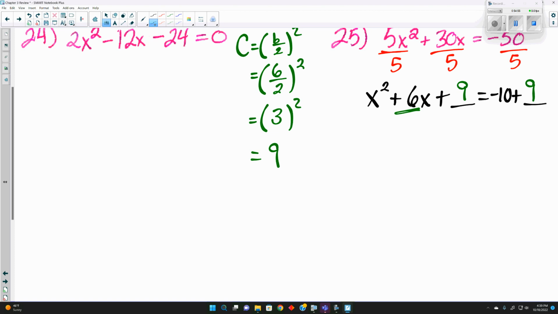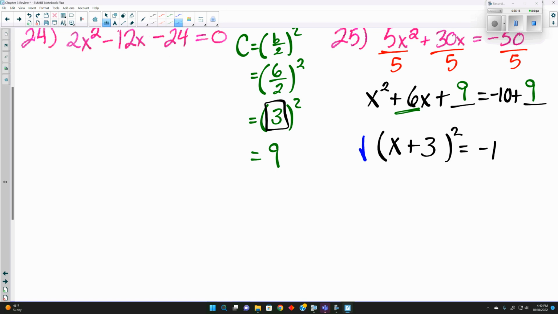Step number 4 is to factor and solve. And again, what goes inside the parentheses with x is going to be whatever we have inside the parentheses before we square it. So we have the 3. Since the 3 is positive, we're going to have plus 3. On the other side, we have negative 10 plus 9, which is negative 1.